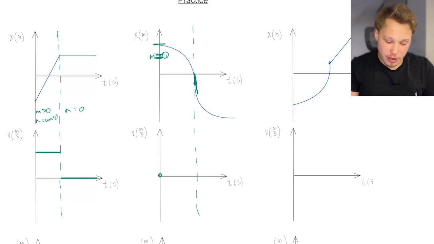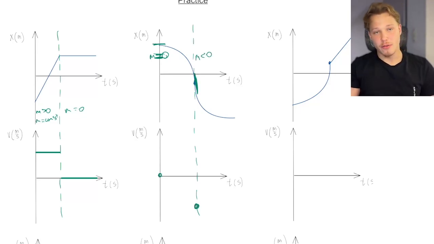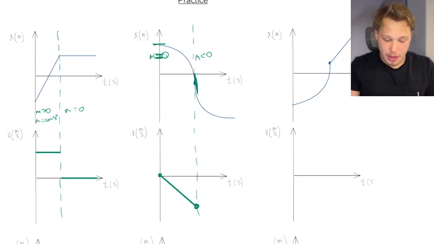And over here, the slope is negative. Therefore, my velocity is negative right here as well. So velocity will be decreasing. Then my velocity keeps going to the value of 0. So over here, the slope is 0. So it goes until here.